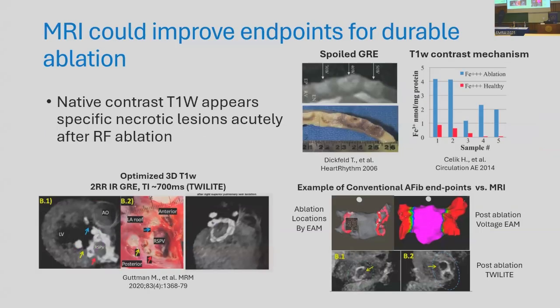But I will just mention that currently, the most studied method for assessing durable ablation acutely using MR is this native contrast T1 weighted technique, and that the contrast appears sufficient to detect necrotic ablation lesions, not only in the ventricle, as Dr. Wright described, but we have been able to see complex ablation topology in the atrium, certainly preclinically. And this technique is starting to be applied clinically, although I think, as we were discussing, there's some variation in the ability to visualize lesions and we try to understand why that might be.